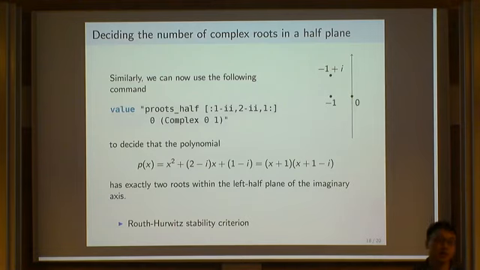So this kind of problem is actually related to the so-called Routh-Hurwitz stability criterion in control theory, where we need to decide whether all roots of the characteristic polynomial of a linear system are located in the left half plane of the imaginary axis.